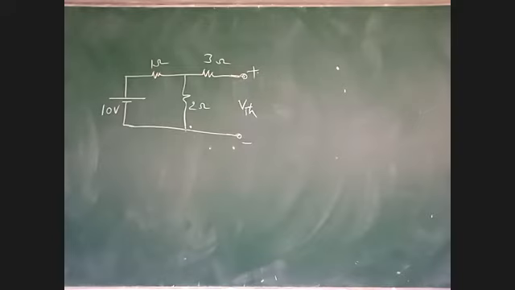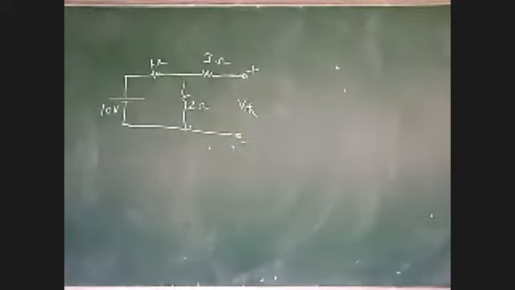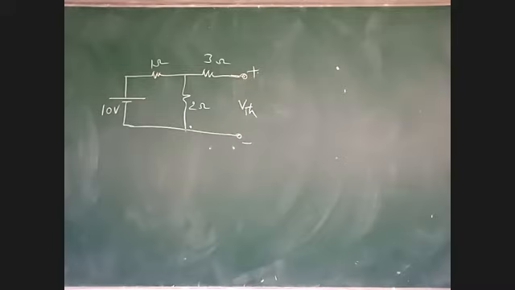Write the next point. In short circuit, voltage is 0 and current flows.